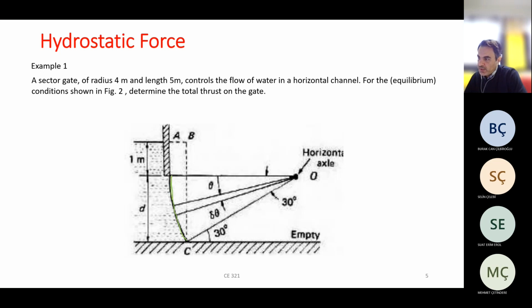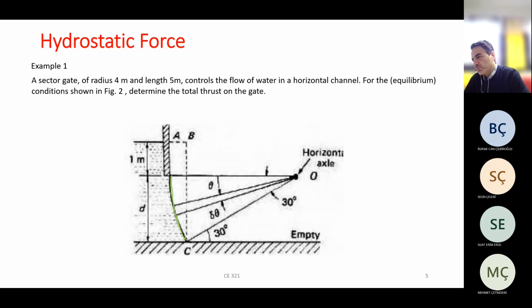The question asks you to find the thrust or pushing force. Because of this water, we have a pushing force on the gate. And due to this connection, the gate can open, go up, and some water is released. Now the question asks, how much is the resultant force acting on this gate?